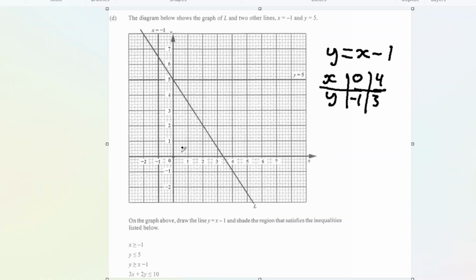0, -1. X is 0, y is -1. There is that point there. X is 4, y is 3 is this point here.